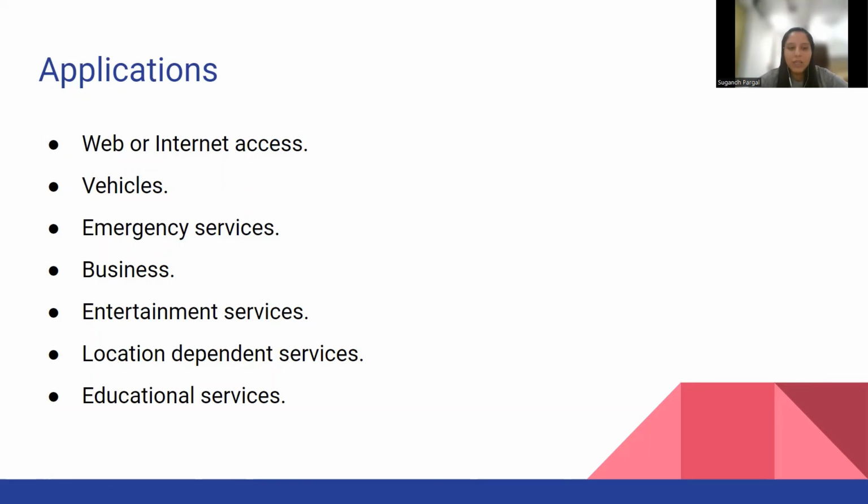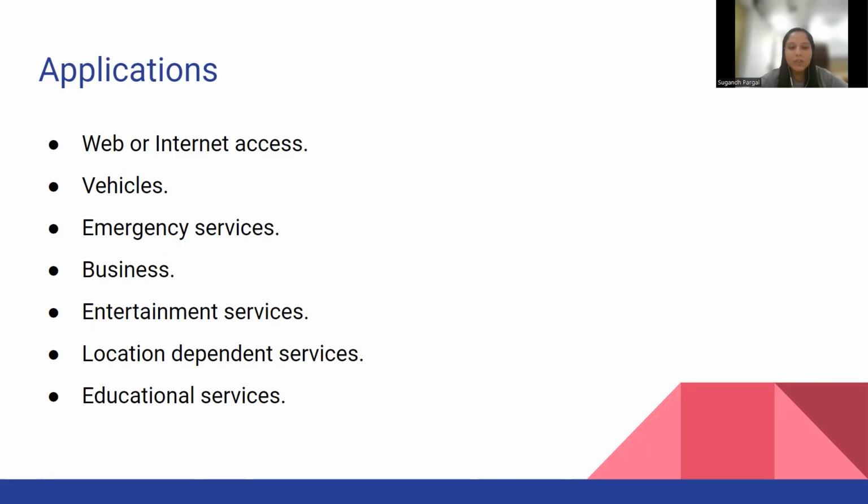Another major application, as we discussed, is about the location dependent services. For example, if we are located at a particular location and we want to access the amount of population in a particular area, or the people who are vaccinated from the pandemic which is currently happening, we can access such services based on mobile computing wirelessly.